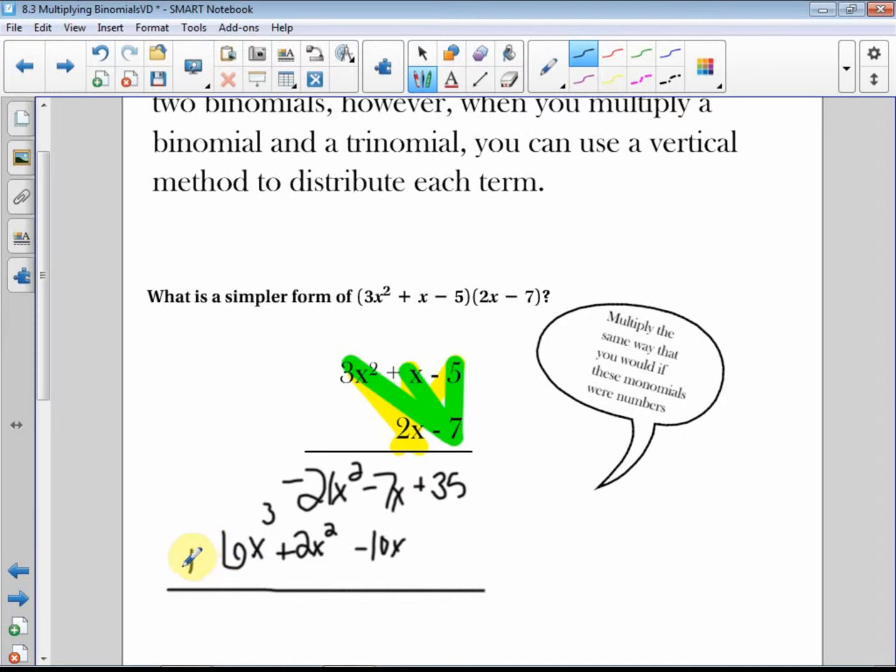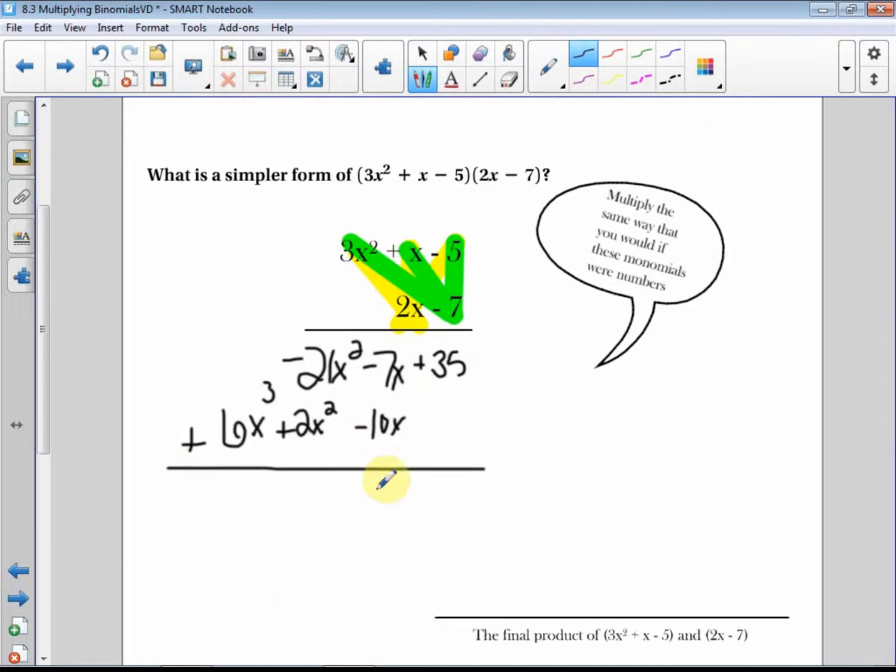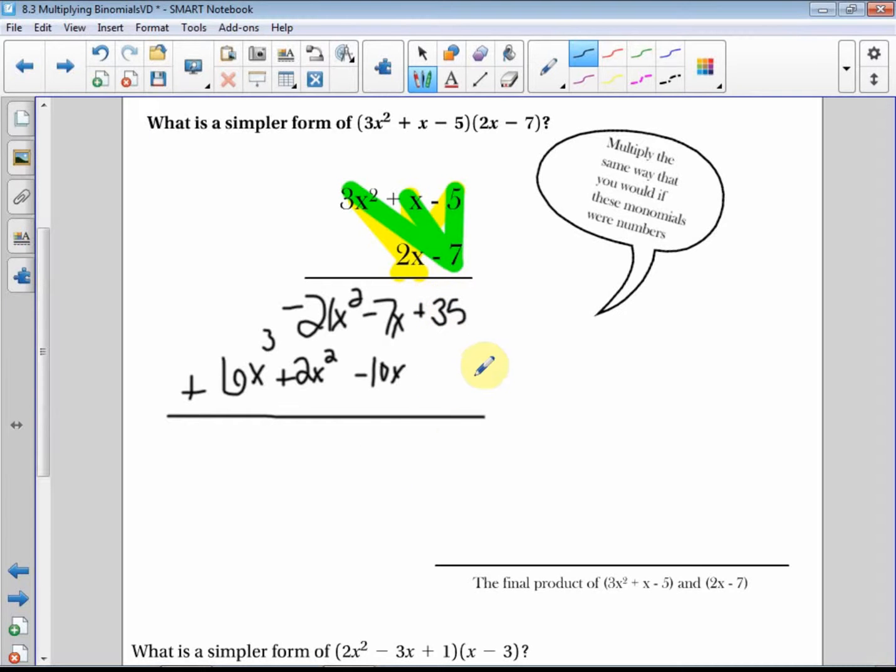Now, just like multiplication, we're going to add our like terms. So nothing to combine with 35. I have 35. I have a negative 10x plus a negative 7x, negative 17x. I have negative 21x squared plus 2x squared, negative 19x squared, and nothing to combine with my 6x cubed.